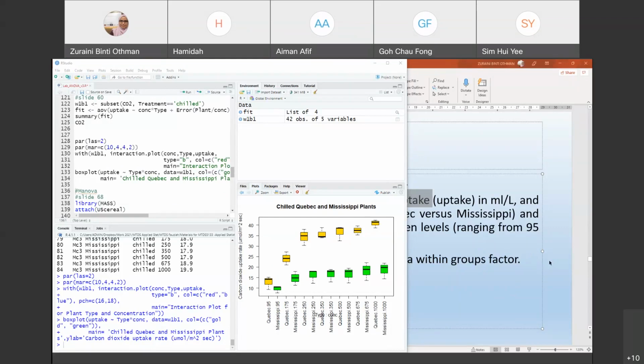From this graph, you can see that there is greater carbon dioxide uptake in the plants from Quebec compared to Mississippi. At level 95, we can see more from Quebec. It gets the same result for the other levels also.